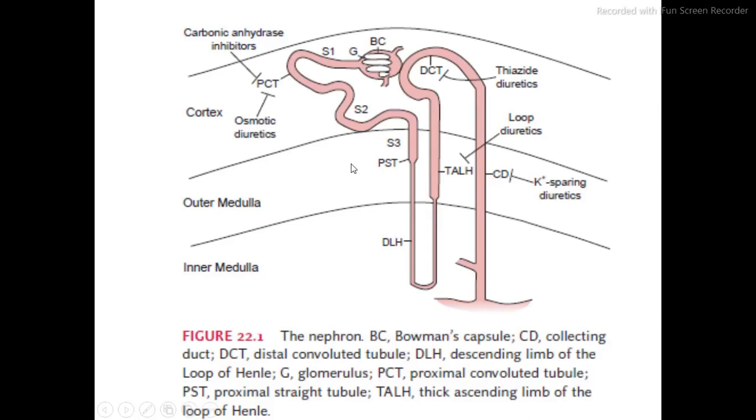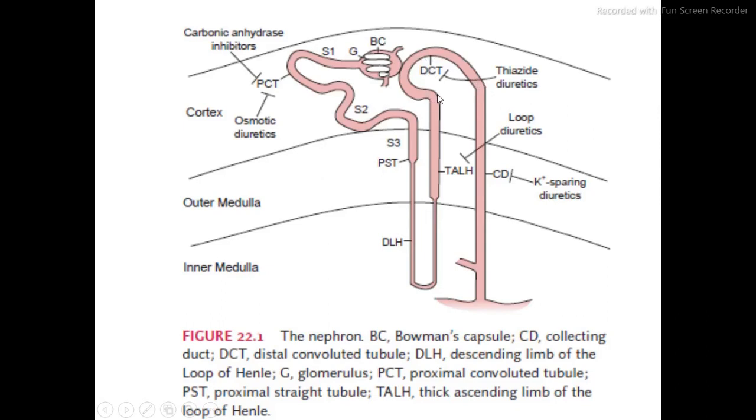Then sodium and chloride absorption also takes place in the next tubule, that is the early DCT phase. Now this is the DCT component, that is the distal convoluted tubule. So this is the early phase of the DCT, and this is the later phase of the DCT.